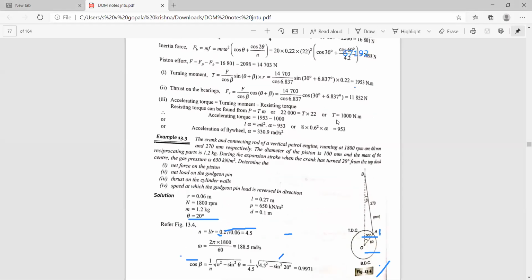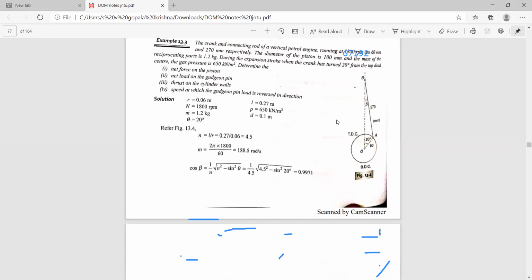Next, all of you observe a related problem, another problem. The crank and connecting rod of a vertical petrol engine running at 1800 rpm are 60 mm and 270 mm respectively.